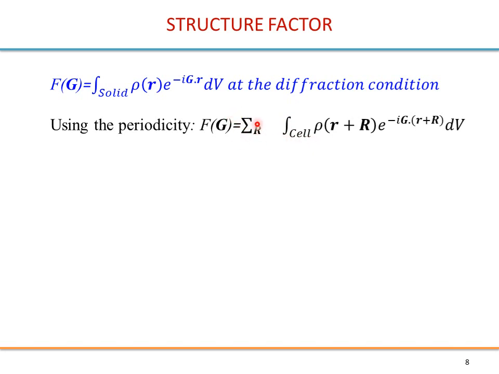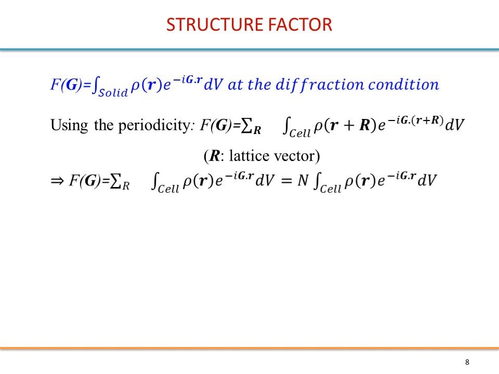So this is a sum over all lattice vectors. So we have to put R in this formula, so we have r plus R here and r plus R here. So we can actually replace r plus R by just r. It doesn't change anything, and anyway you can also show it mathematically.